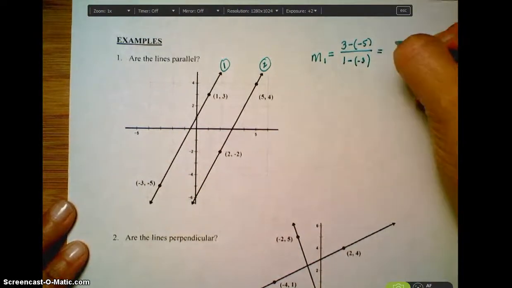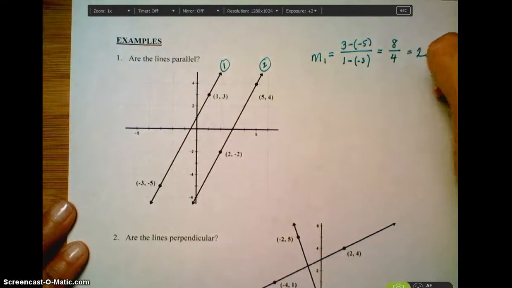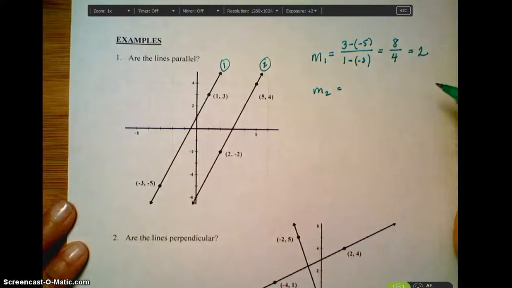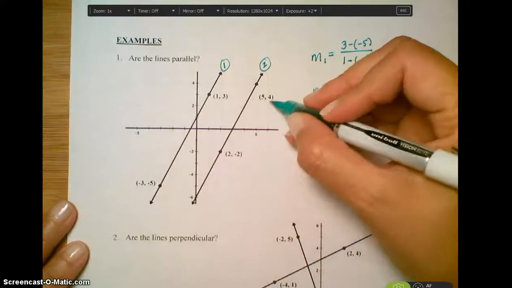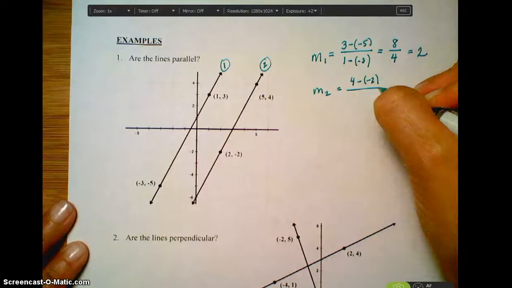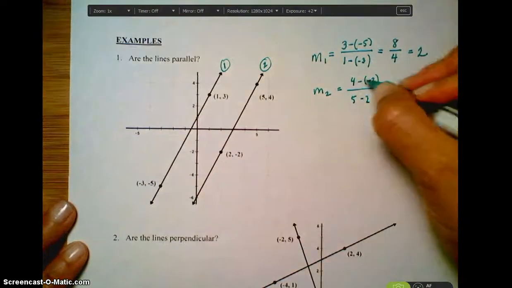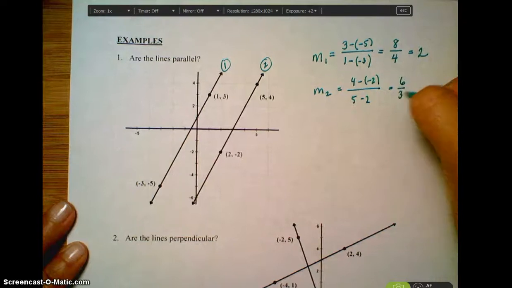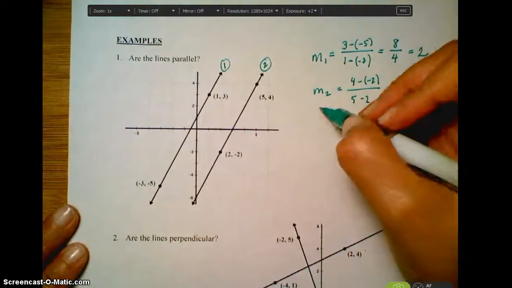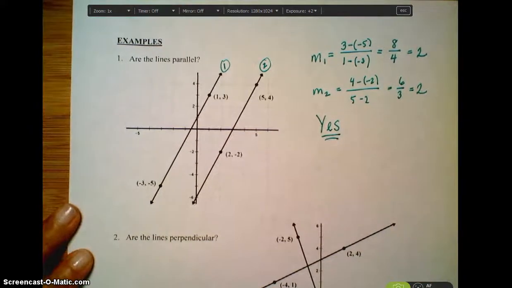Clean that up and you will get 8/4, which is 2. For the slope of line 2, we take change in y over change in x, and that gives us 6/3, which is also 2. So, to answer the question, are the lines parallel? We would say yes, they are parallel.